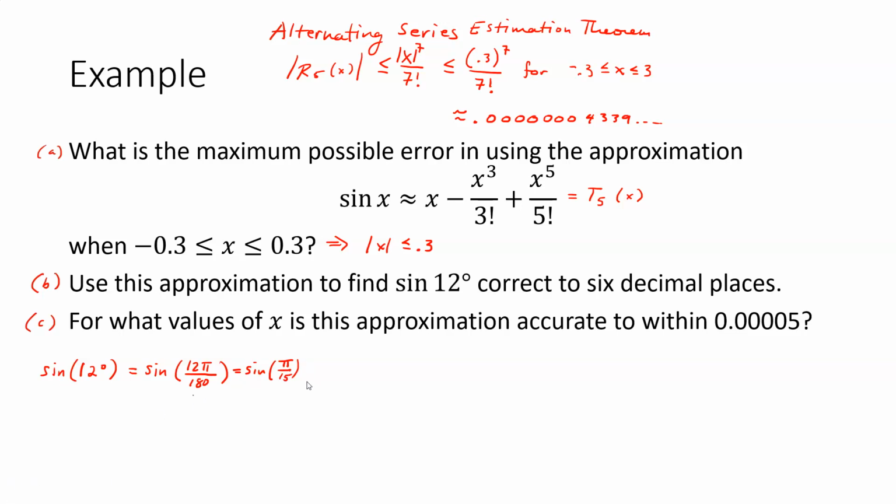And actually, checking in my calculator, I can see that pi over 15 falls within this range from negative 0.3 to positive 0.3. And certainly in this case, with an error this tiny, we know that our approximation will be accurate at least up to 6 decimal places. Actually, perhaps a little bit more accurate than that. So here we're good to just evaluate pi over 15 in our Taylor polynomial here. And that should be a relatively accurate approximation.